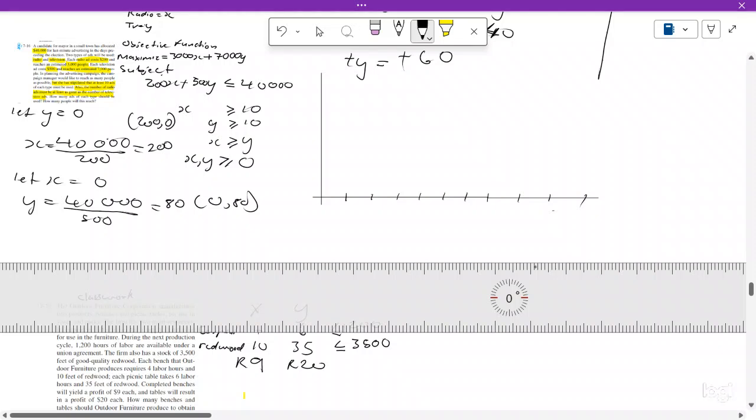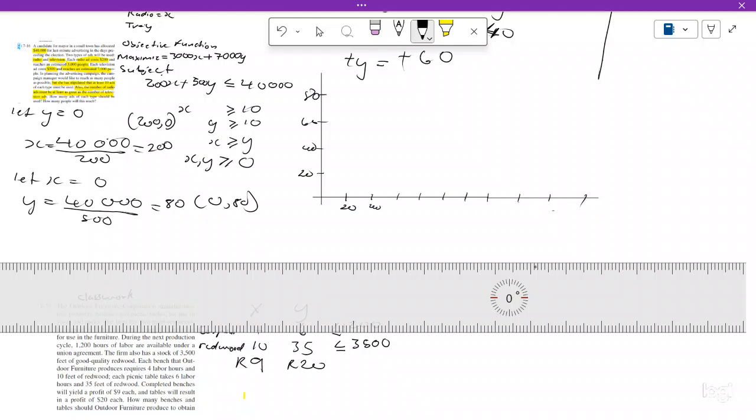And now this is 80 in fours: 20, 40, 60, and 80.